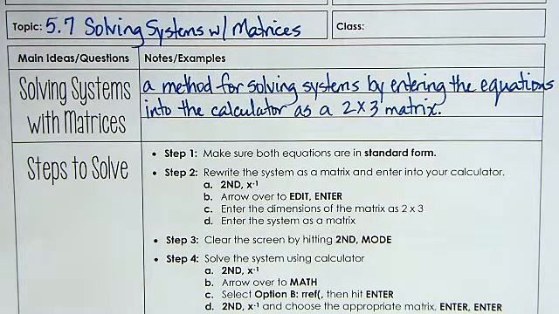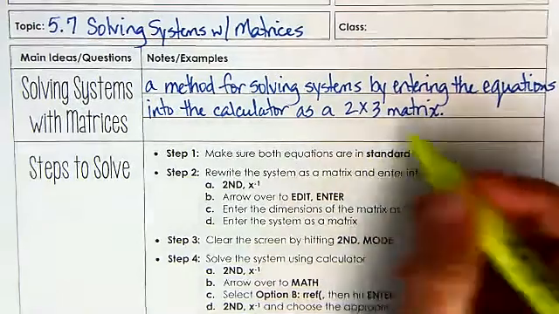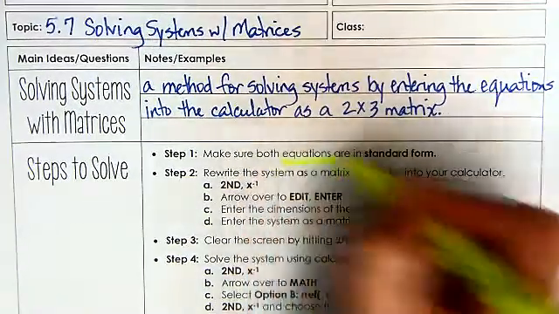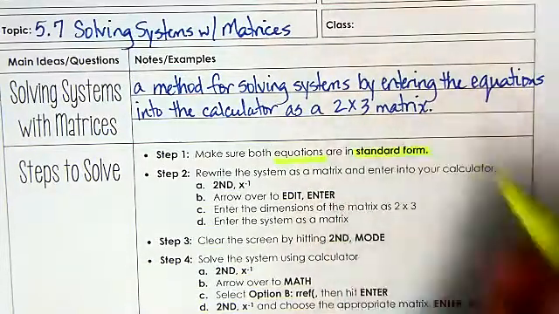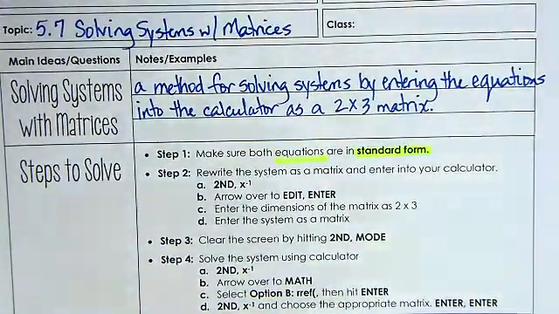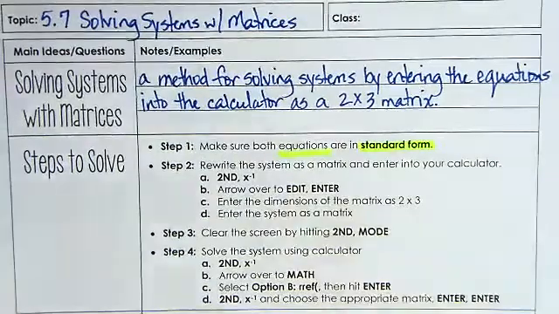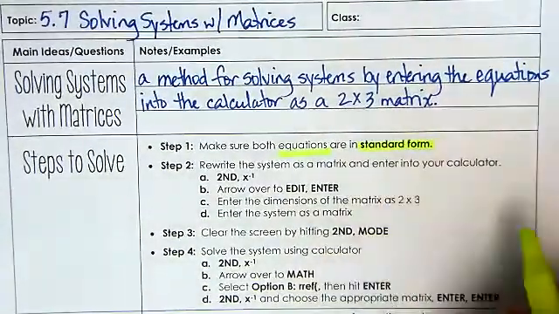Okay, so the steps for solving. You want to make sure that the equations are in standard form. You're going to rewrite the system as a matrix, so we'll practice with that, and then you're going to enter it into your calculator.